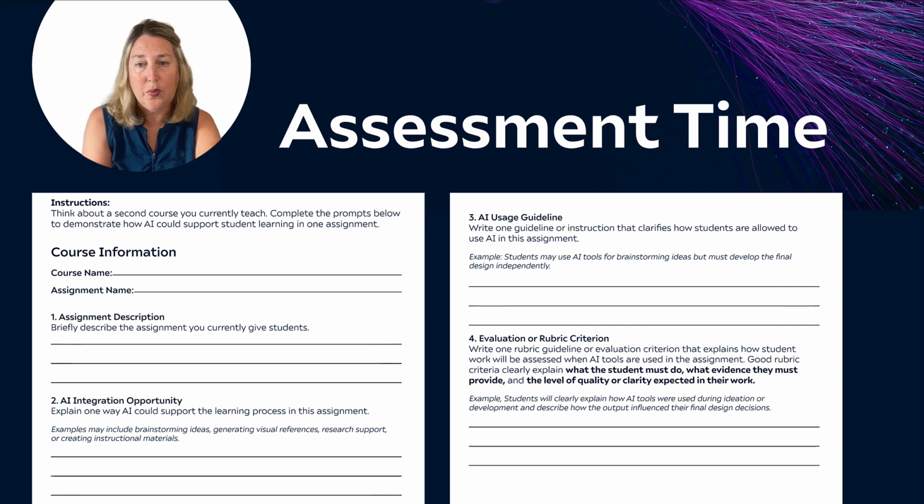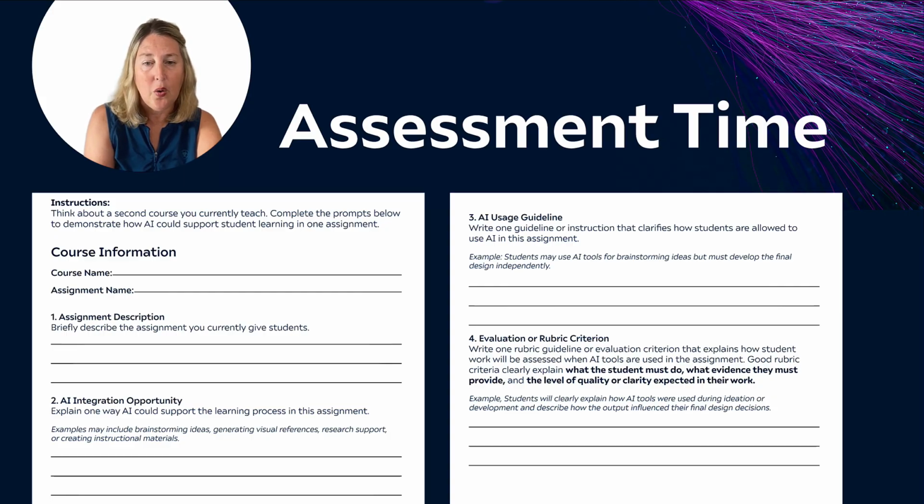Be sure to start with including the course name and assignment. Then briefly describe the assignment you currently give your students. Explain one way AI could support the learning process in this assignment, and then write one guideline or instruction that clarifies how students are allowed to use AI in the assignment.